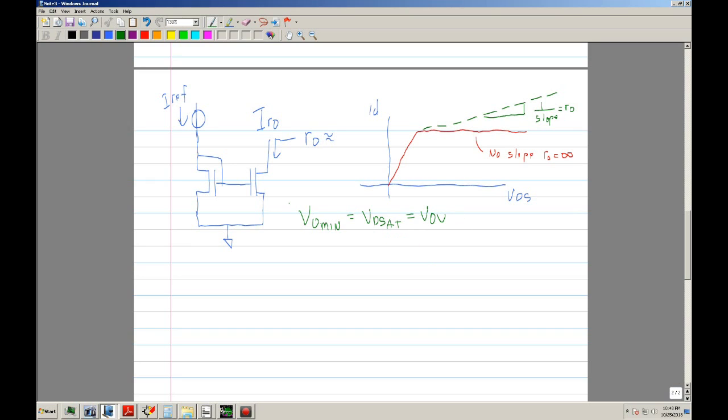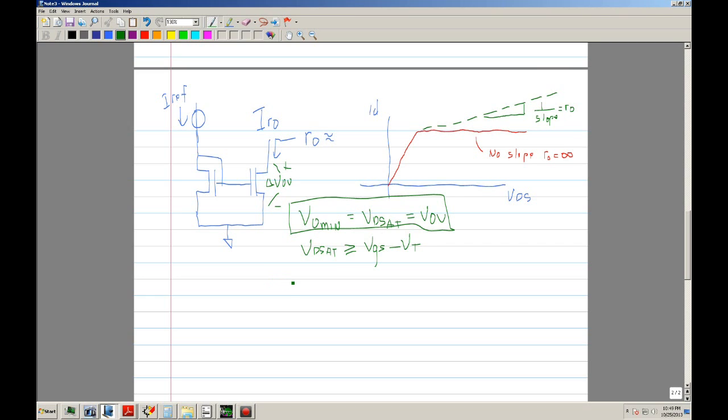So these are the terms that they typically refer to. Now VDSAT comes from this equation. So basically you're going to have a VOV between there and there. That would be the absolute minimum.